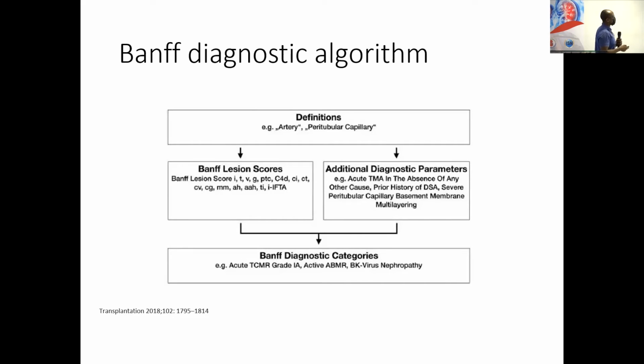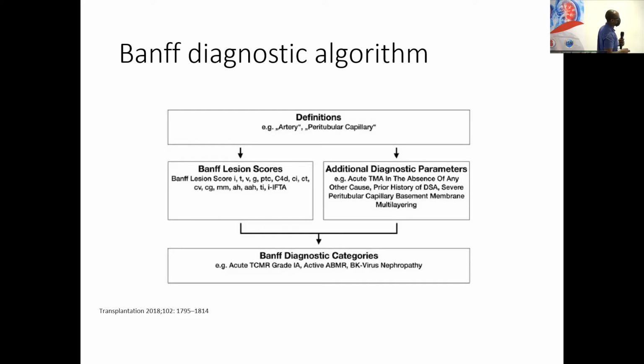So the idea of the current BAMF diagnostic system is that we begin with a series of definitions. Then we have what we call BAMF lesion scores, right? Where we quantify if you're seeing glomerulitis, for example, if you have C4D positivity, add that to additional diagnostic parameters.